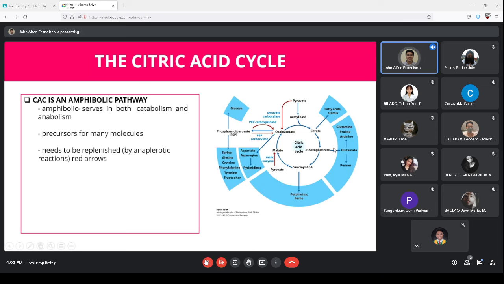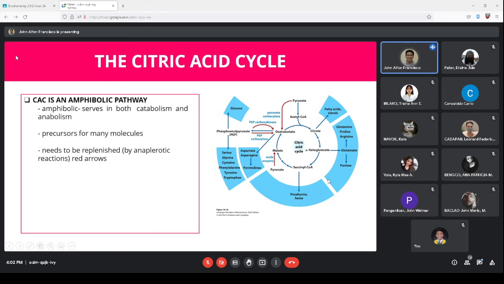Okay? So citric acid cycle, kaya very complex ng mga metabolism natin because they are connected to each other one way or another. Either they will be the starting material or they will be the anabolic way para makapag-use ka ng component within the citric acid cycle.